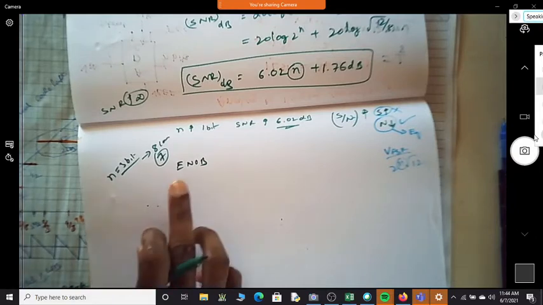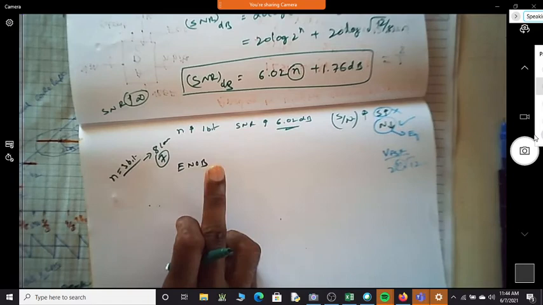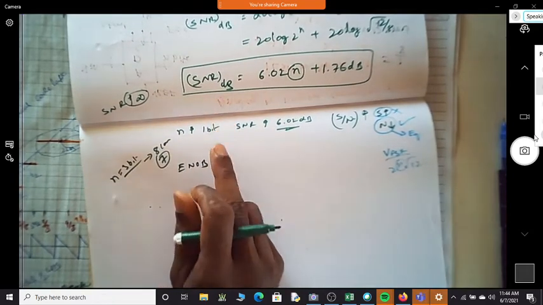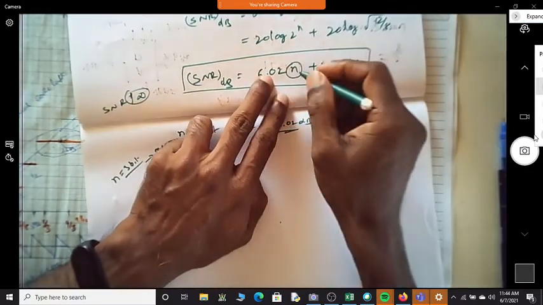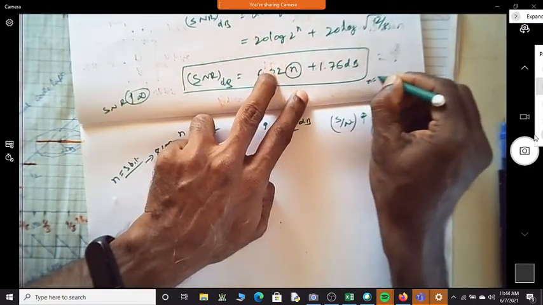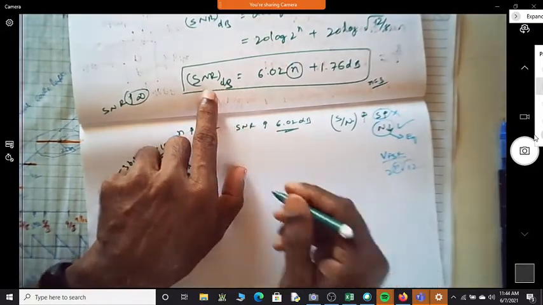Why we are saying effective number of bits is when the signal to noise ratio is less than what is expected. Assume if n is equal to 3, what is the signal to noise ratio here?